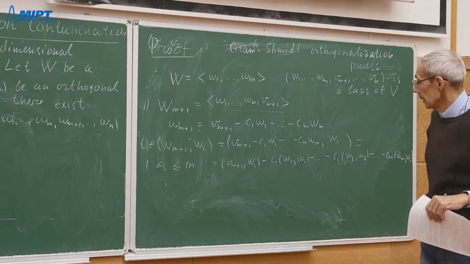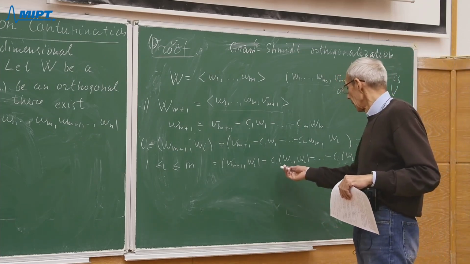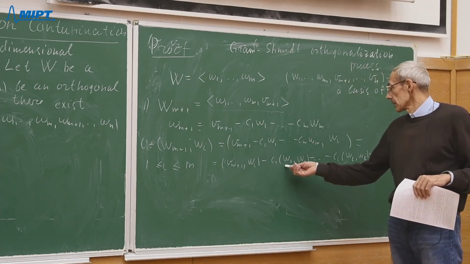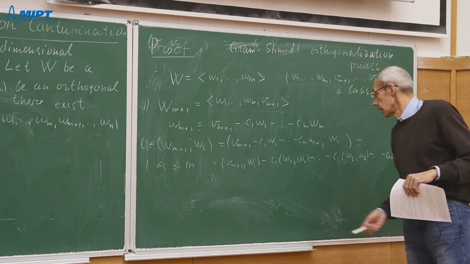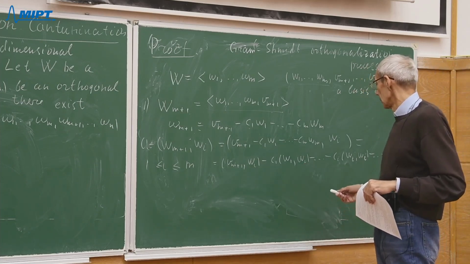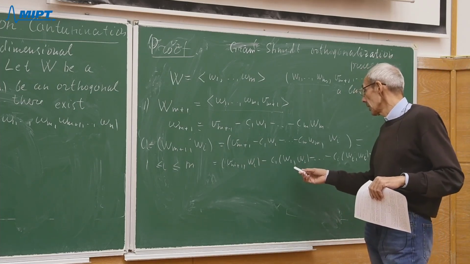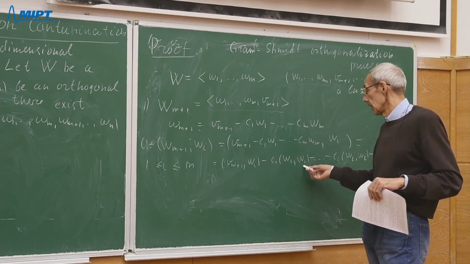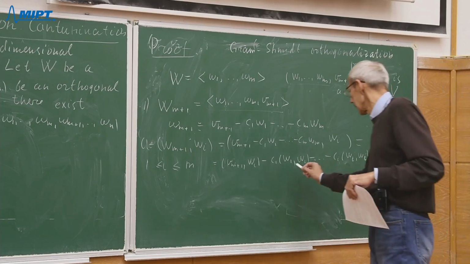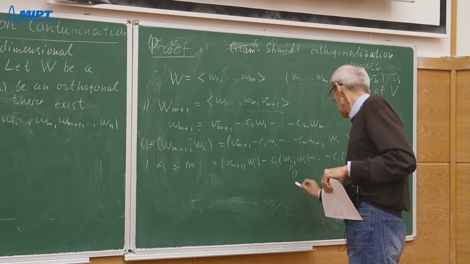It is easy to see the vectors Wi and Wj, for j not equal to i, are orthogonal, and their scalar product is equal to 0.